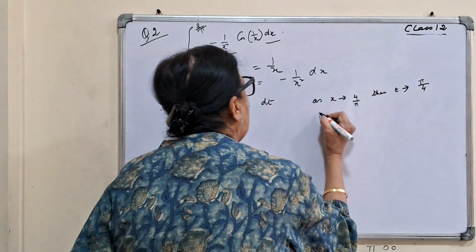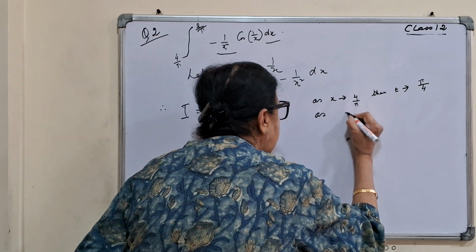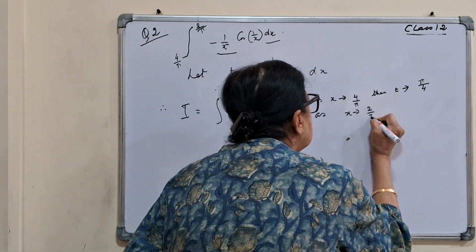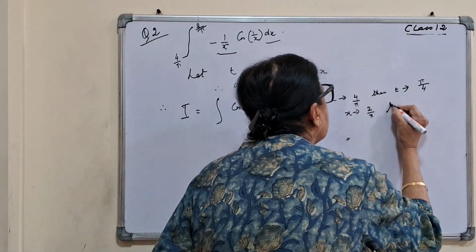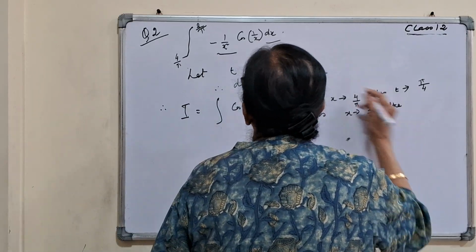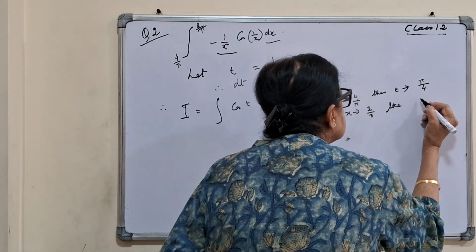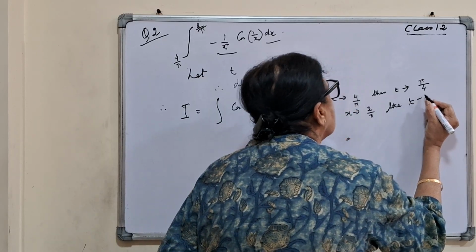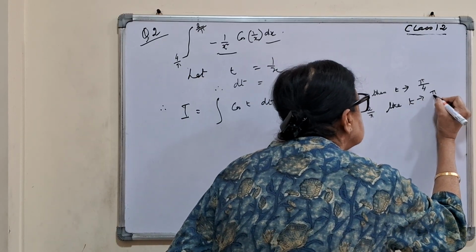As x tends to 2 by pi, then t tends to pi by 2.